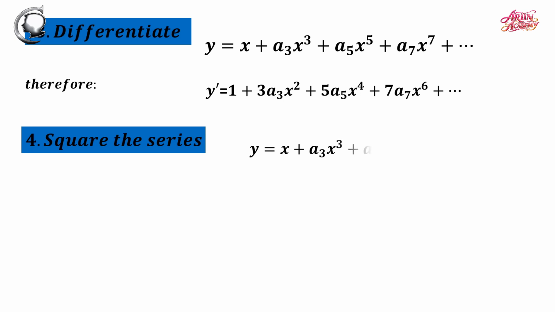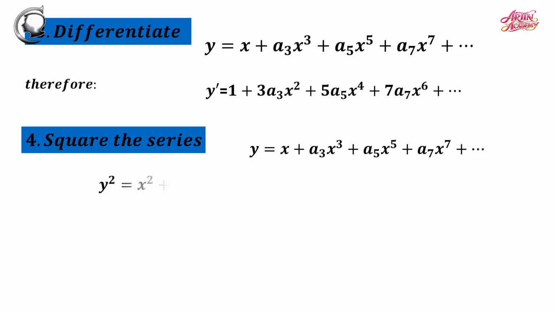Our differential equation is y prime equals 1 plus y squared. Therefore, we need to calculate y squared, starting with y equals x plus a sub 3 x cubed plus a sub 5 x to the 5th plus a sub 7 x to the 7th, and so on.